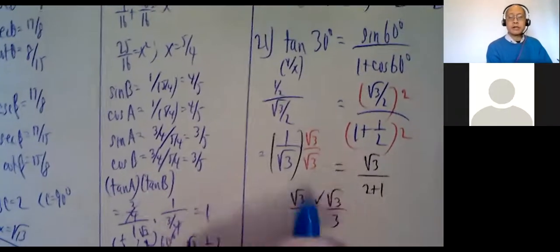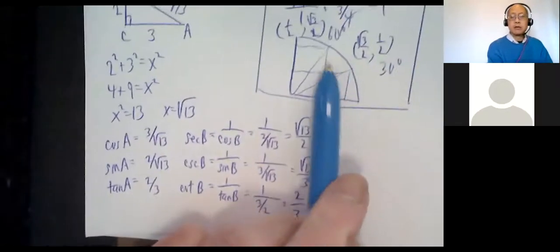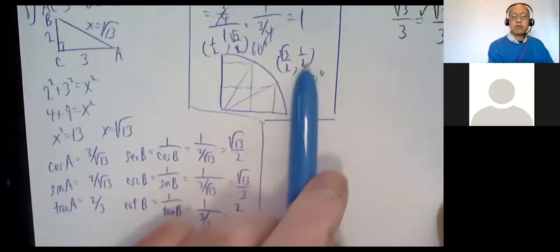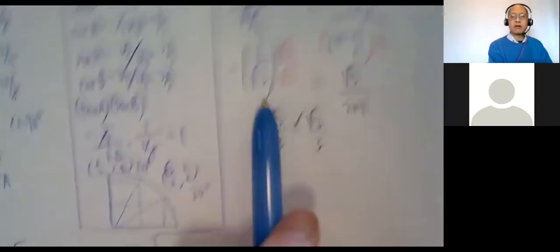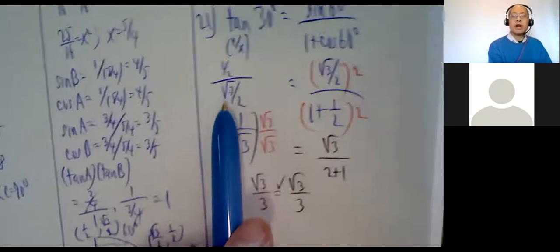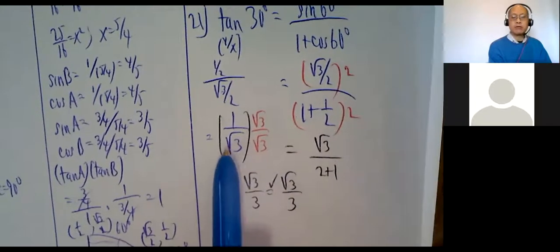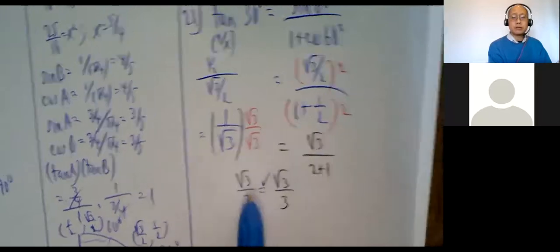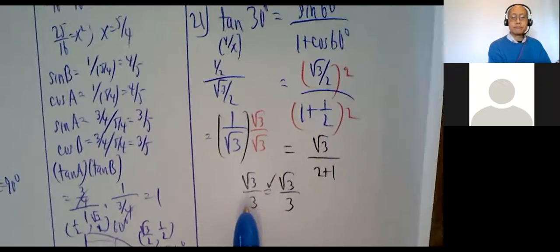Okay, so one more time, what I did, tangent of 30 degrees, y divided by x at 30 degrees. So y was a half, x is radical 3 over 2. 1/2 divided by radical 3 over 2 is 1 over radical 3. Rationalize the denominator, multiply top and bottom by radical 3. So that gives me radical 3 over 3.